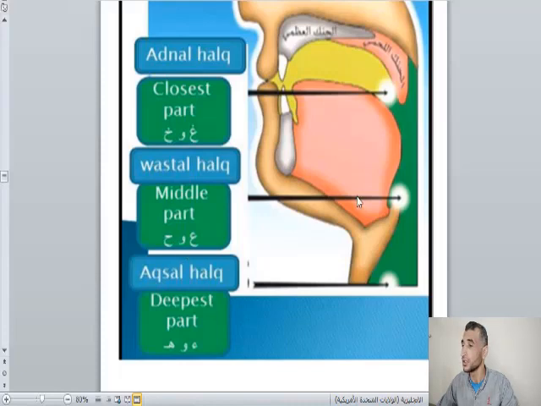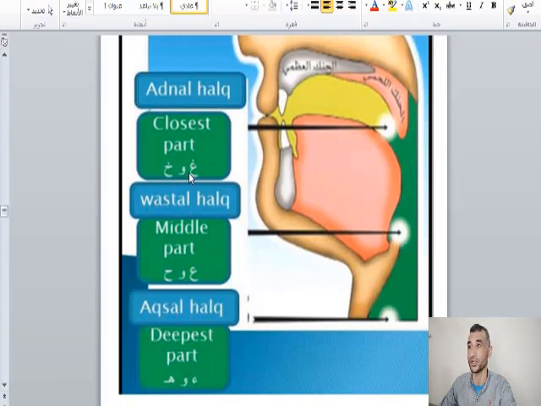Also, al-ayn wal-ha come from this part, which is the wast al-halq, or the middle part of the throat. And also the letters al-ghayn wal-kha are emitted and come out from this part, which is called adna al-halq, or the closest part to the mouth.